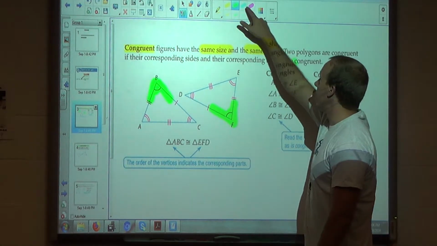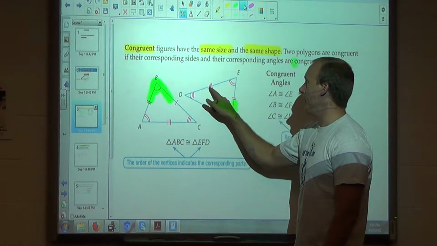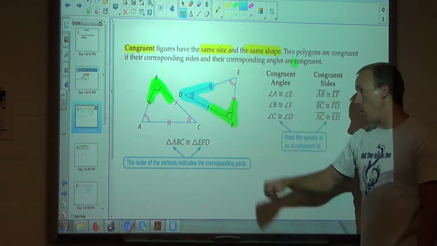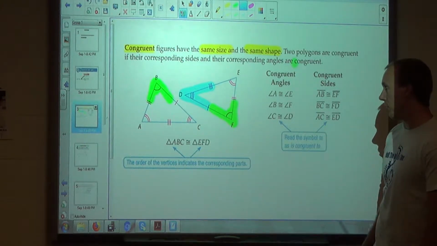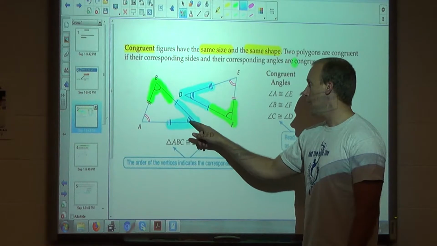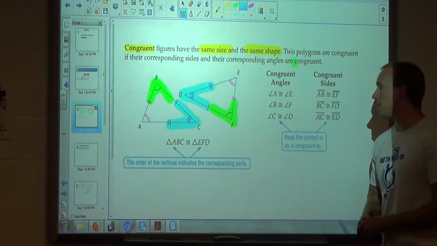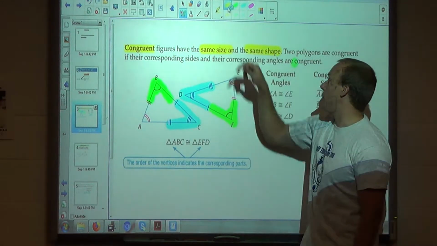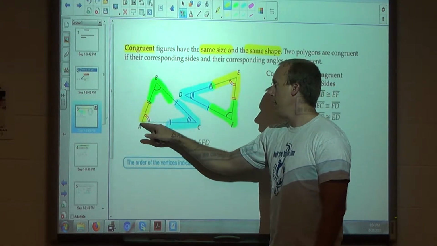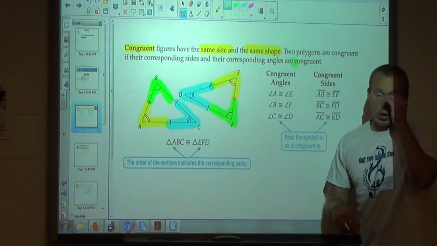Let's pick another angle here. Let's go angle D. Angle D has 3 tick marks on it. So what angle would correspond to angle D here? You see how angle C has 3 tick marks, so those would be the corresponding angles. And then what's the third set of corresponding angles here? Angle E and A, because each one of those has 2 arcs.